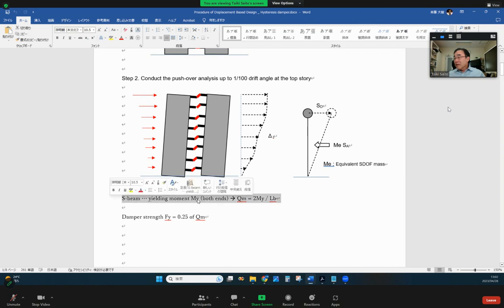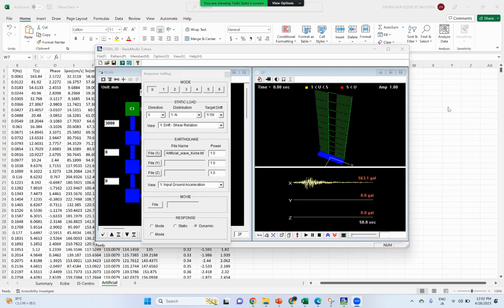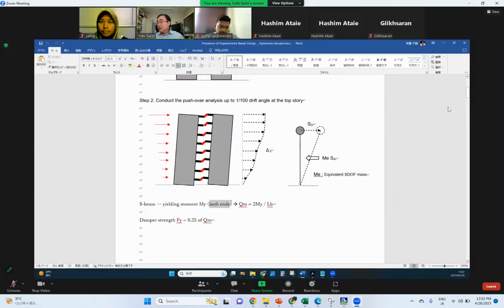We find yielding happens at both ends by flexure yielding, and the yielding moment is My. So we know the shear force at that moment is Qm, the yield moment divided by the length of the beam. So we try to design the damper to be less than this value.